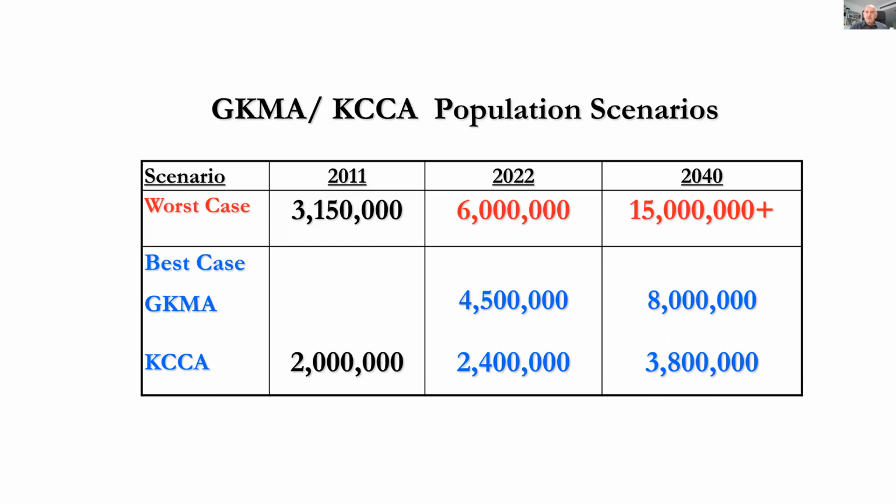So it's not a matter of pull factors, it's push and pull factors together, and therefore the idea of limiting the population in KCCA is conditioned by the development of other cities.